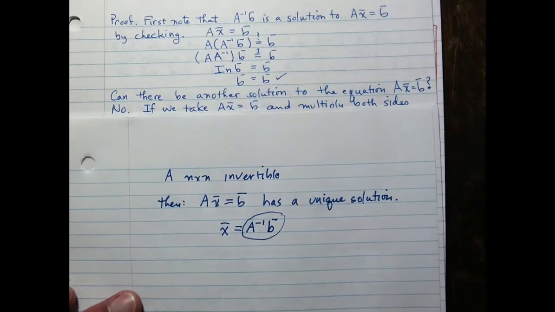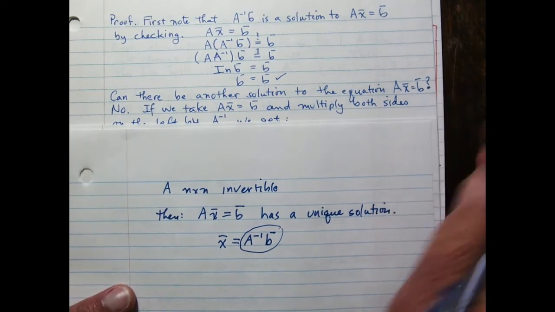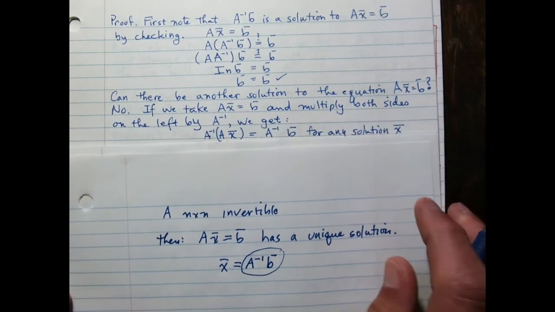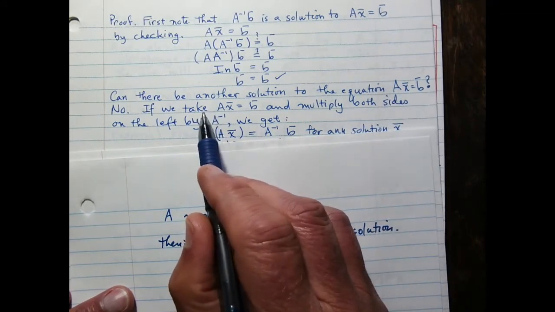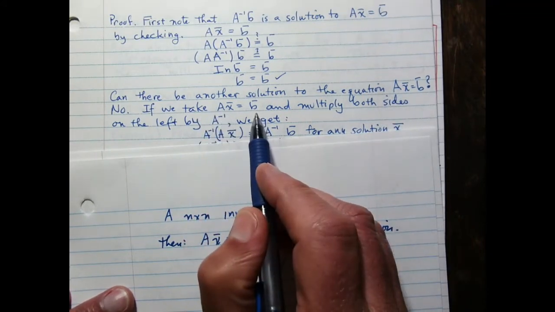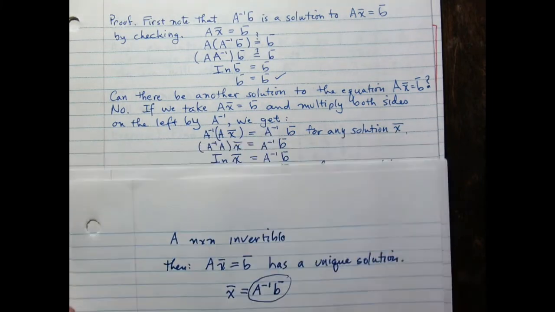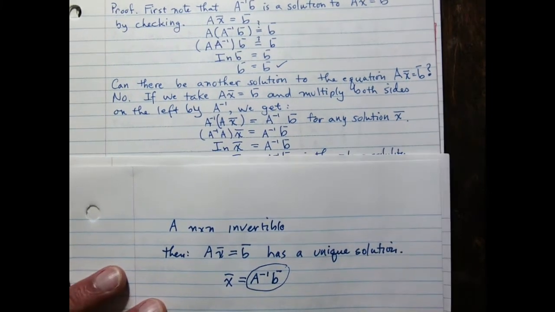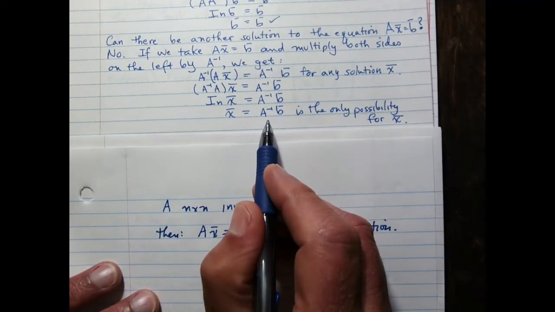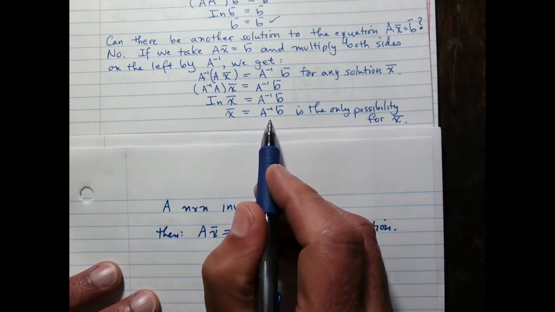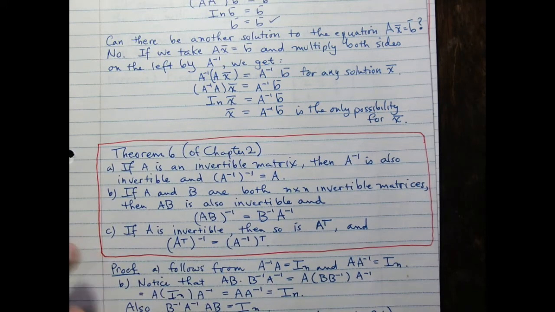Now, can there be another solution to the equation AX equals B? And there can't be. There's only one, because if we take that equation AX equals B and multiply both sides on the left by A inverse, we actually get that X has to equal A inverse B. So that's the only possible solution to that equation.